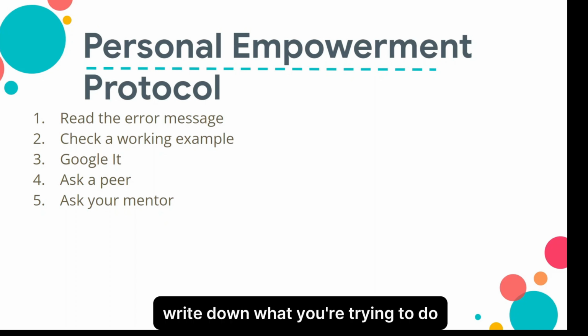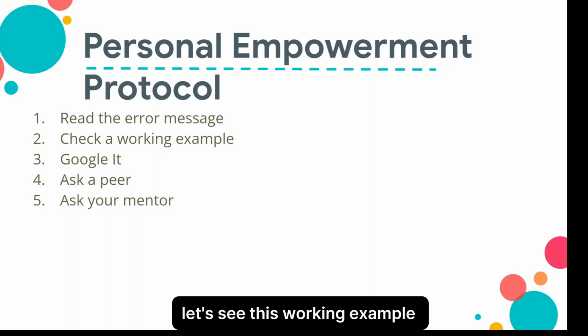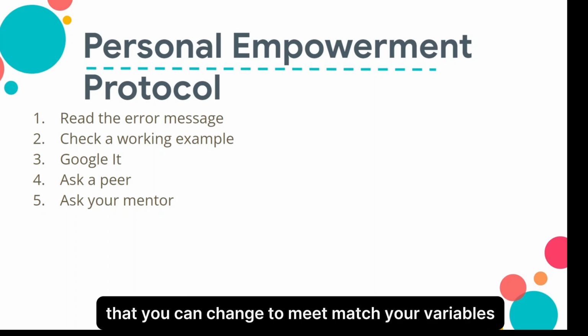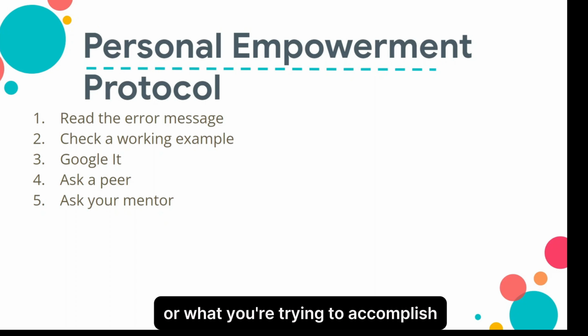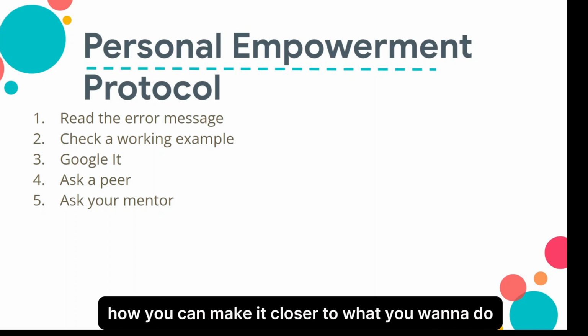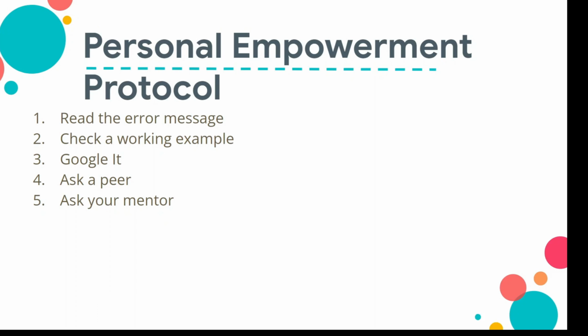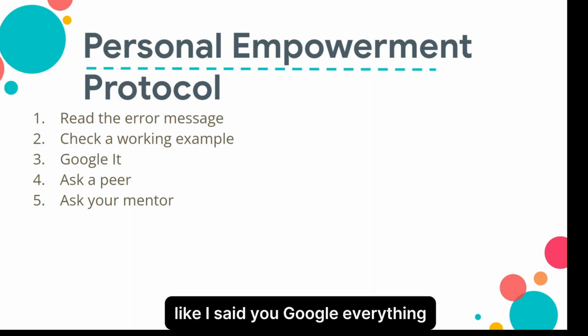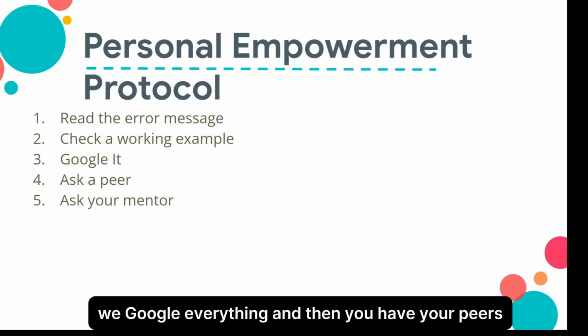Write down what you're trying to do and see if there's a working example that you can change to match your variables or what you're trying to accomplish. It may not be exact, or you can figure out how to make it closer to what you want to do. Like I said, you Google everything. That's what programmers do.